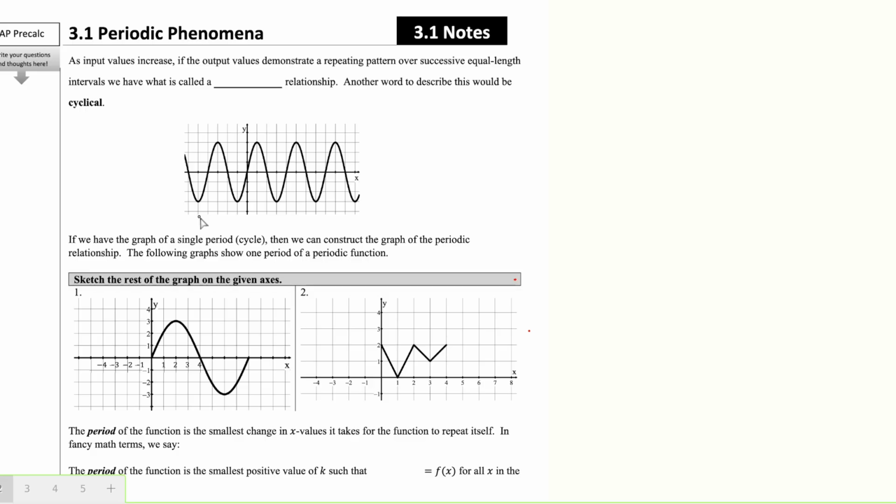Now, some AP Pre-Calc teachers may start the course with this unit, which is okay. So boys and girls, don't be alarmed starting AP Pre-Calc with Unit 3. Unit 3 is trig.